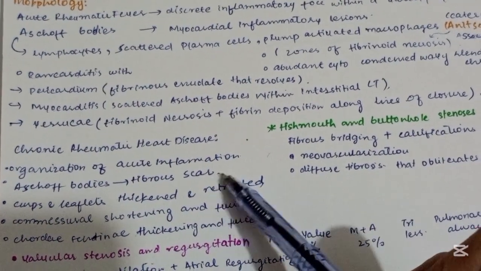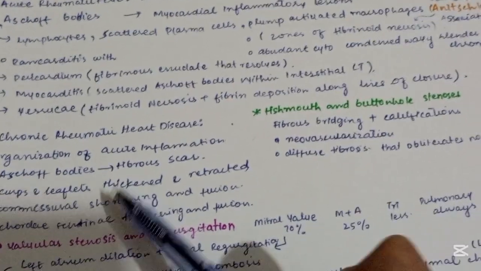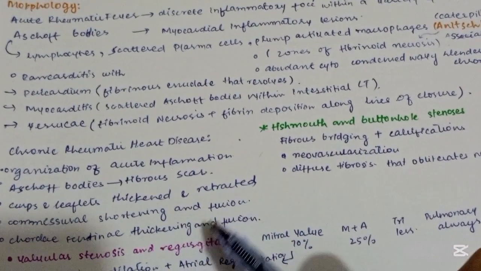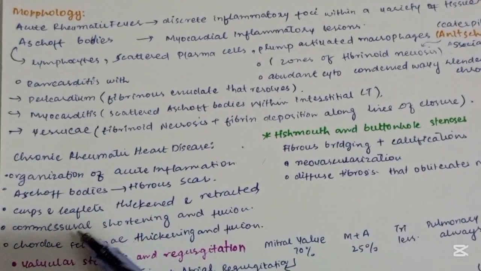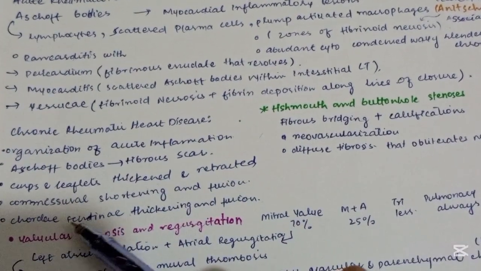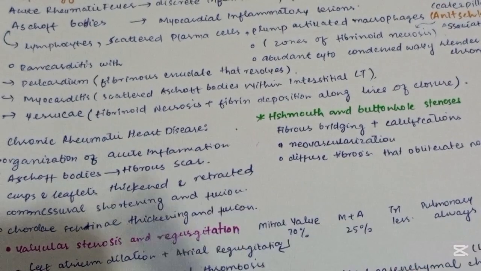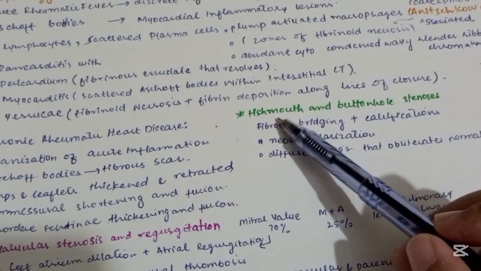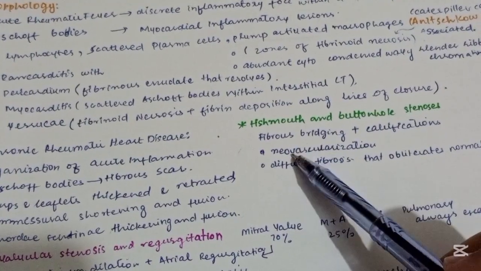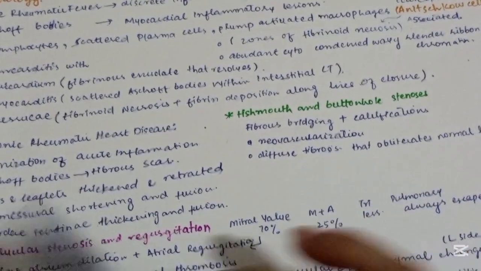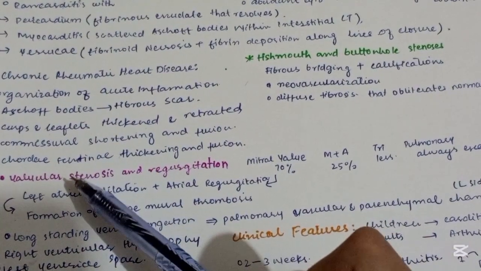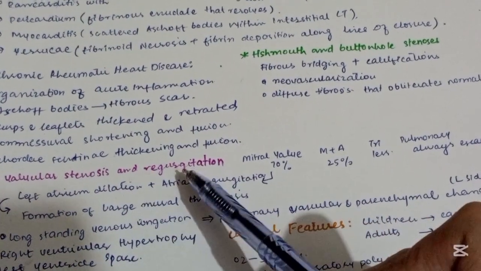As a result of the retraction, regurgitation occurs. The commissures undergo shortening as well as fusion. As a result of the fusion of commissures, there is stenosis, and the chordae tendineae also thicken and fusion occurs. So fibrous bridging plus calcification and neovascularization can occur, and diffuse fibrosis is present. So we have valvular stenosis and regurgitation.